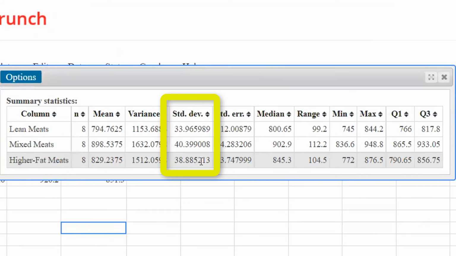So the sample standard deviation for the lean meats is 33.966 if I round to 3 places. The standard deviation for the mixed meats is 40.399 if I round to 3 places, and the standard deviation for the higher fat meats is 38.885.